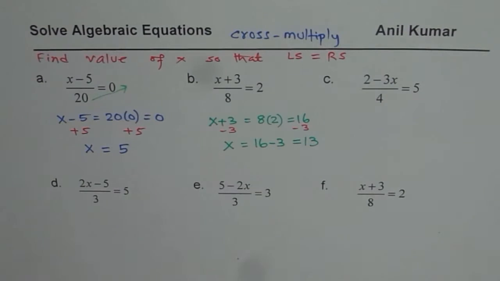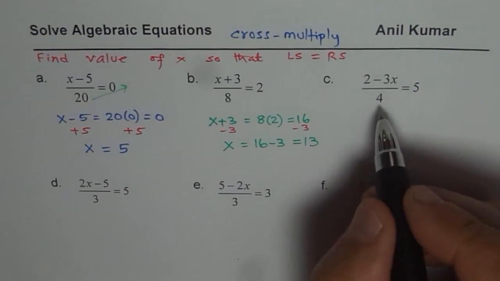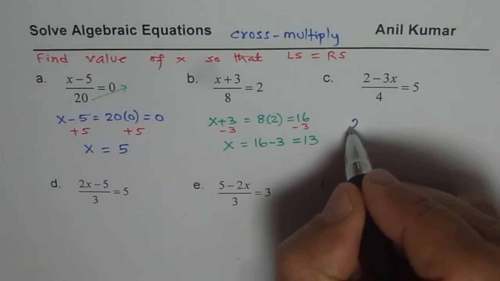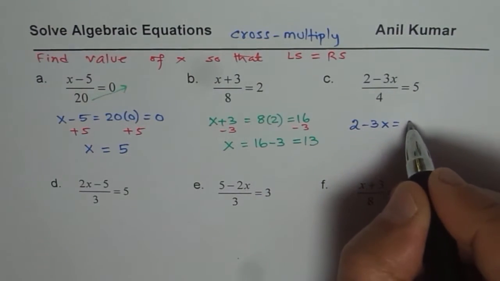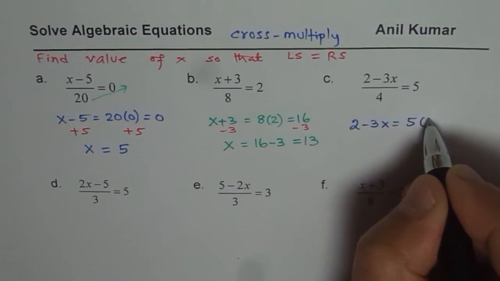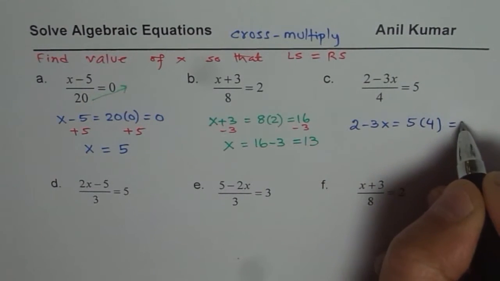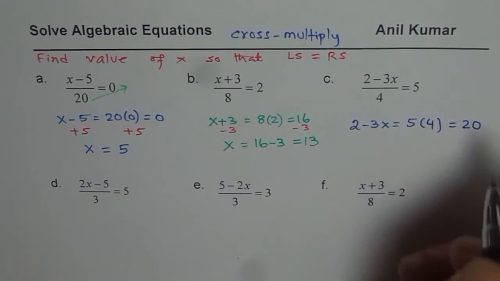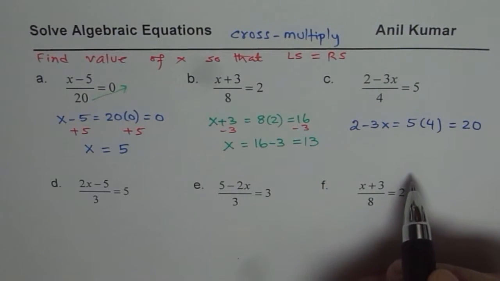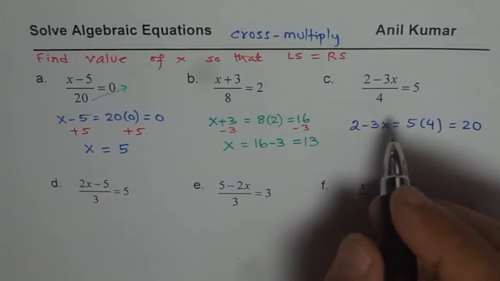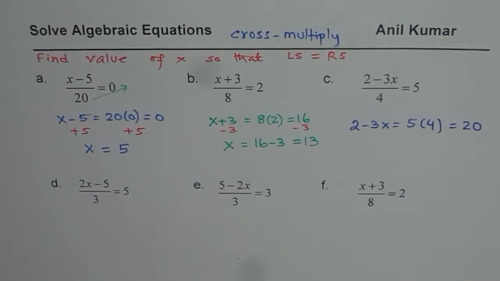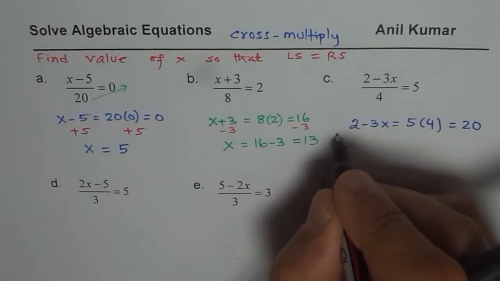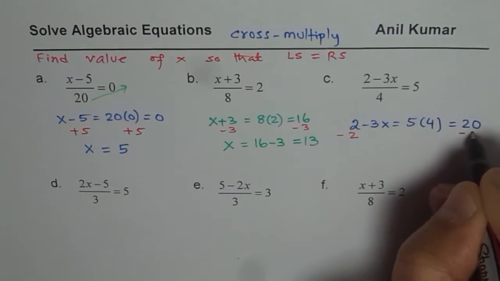Correct. Now let's do the third one here, cross multiply. So you get 2 minus 3x equals 5 times 4. You could even write 4 times 5; it's one and the same thing, right? 4 times 5 or 5 times 4 will give you 20. Now in this question, we will take 2 to the other side, so we'll do minus 2, minus 2.